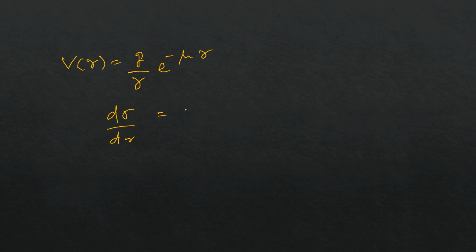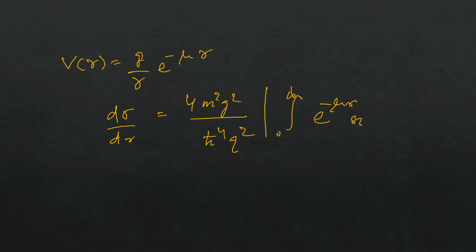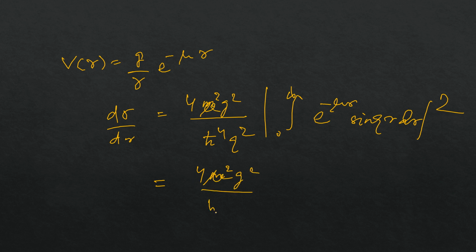Now V(r) is given as g by r e to the power minus mu r. So d sigma by d omega becomes 4 mu square g square by h cut fourth q square, where I took the constants out, times the integral from 0 to infinity of e to the power minus mu r sin(qr) dr. Easy things, nothing to worry about.